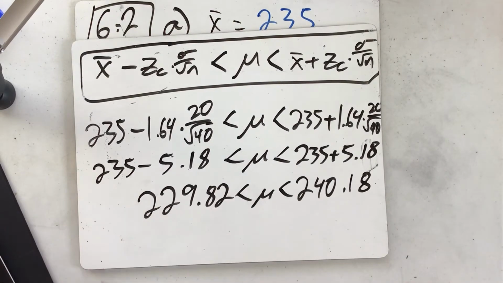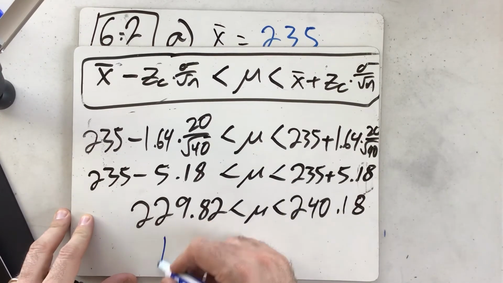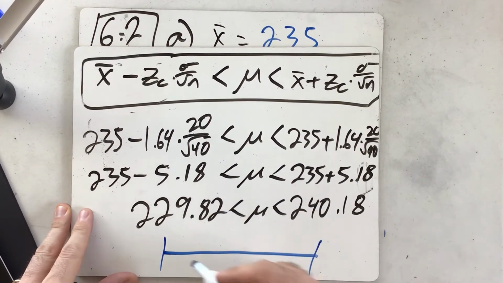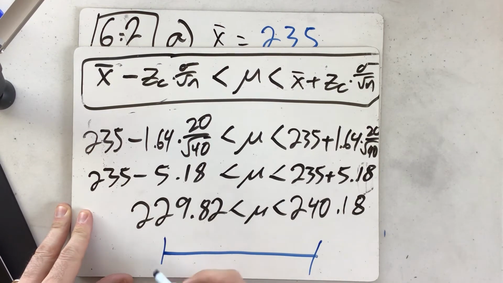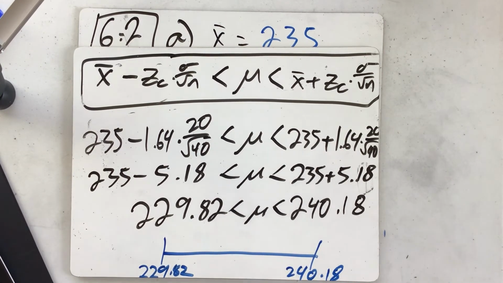This tells us that if somebody said, what is the average of a military member? We have all these members, we've measured 40 of them. They say, okay, what's an average size? I would say that an average size is somewhere between 229.82 and 240.18. So your head officer, the general, comes up and says, hey, what's an average size?